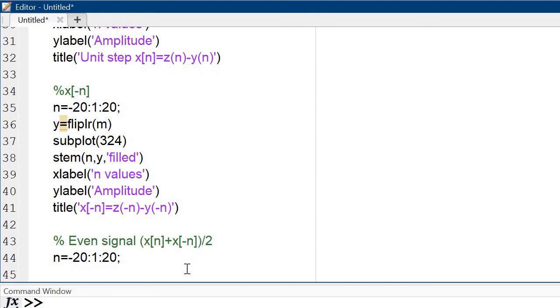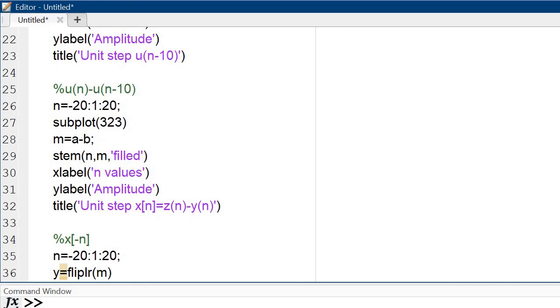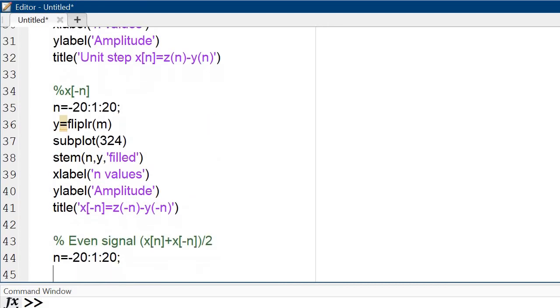Then after that, x of n is denoted by some value. And also the x of minus n is also denoted by something. Minus n is denoted by m, and this one is denoted by m and y, sorry, m and y.